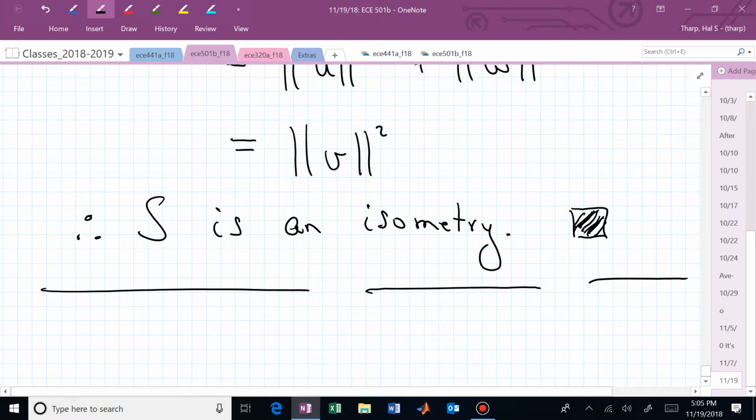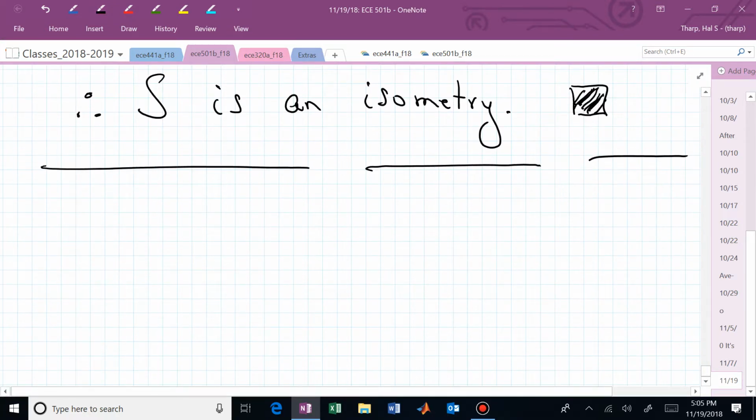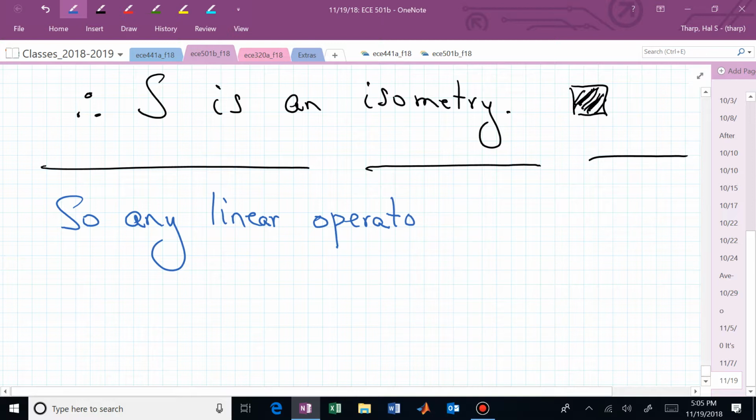So what have we concluded? We now have done a polar decomposition of a generic linear operator. Let me try to write that down. So any linear operator can be decomposed.